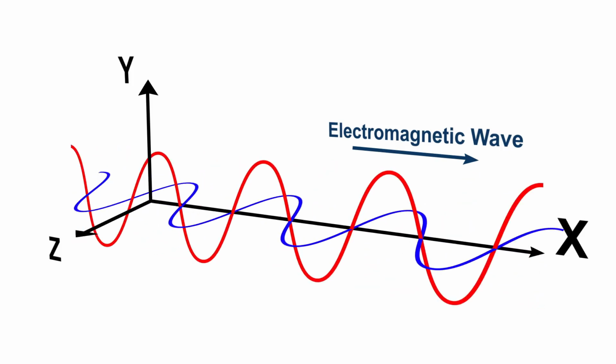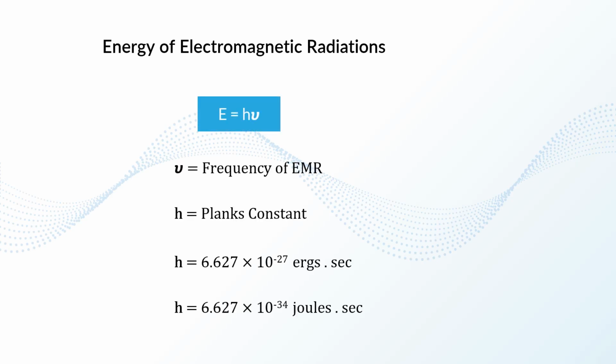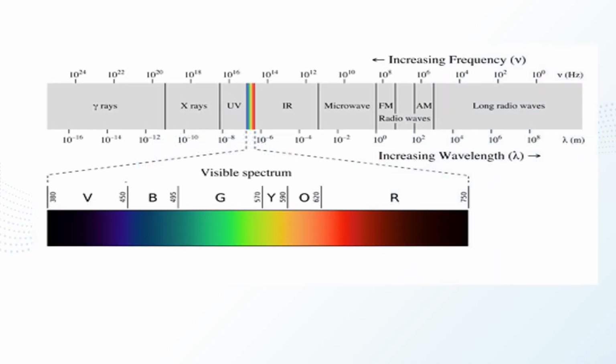We also discussed quantum mechanical relations like E equals h nu, where nu is frequency and h is Planck's constant, with a fixed value of 6.627 times 10 power minus 27 ergs into second, or 10 power minus 34 joules into second. This is how the energy of electromagnetic radiation is seen.